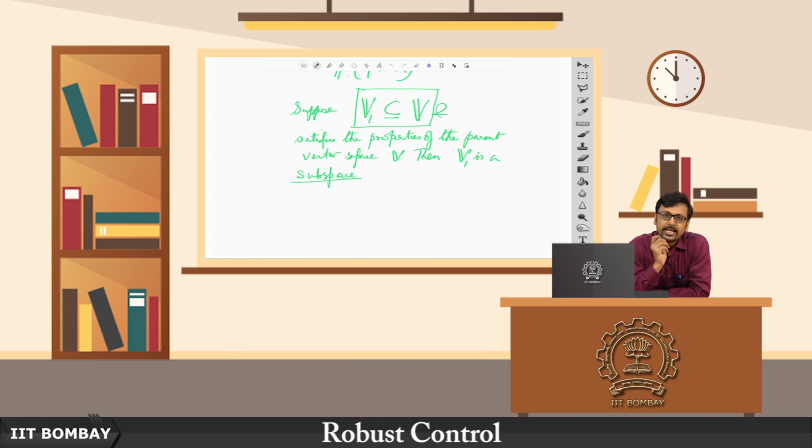For those of you who are already aware of these topics, it might seem a bit of repetition, but at the cost of being repetitive, I will still go through a quick recapitulation for those of you who are already aware, and maybe an introduction for those of you who are not familiar with these topics on linear algebra, followed by some ideas from matrix theory, and then some familiarity I'll try to develop on things like linear matrix inequalities, which we shall be using gainfully throughout our course. It will be a very important part of this course.